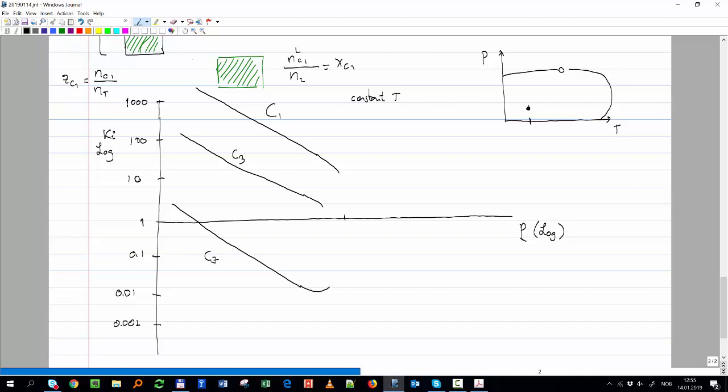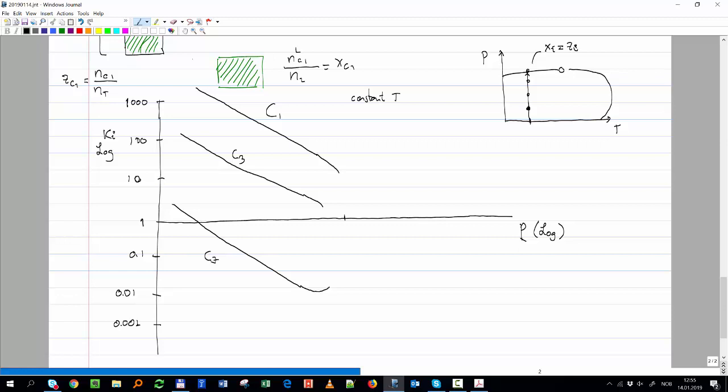Then I increase pressure. What will happen eventually? What am I going to touch or meet? In this case, if I start to go up and up and up, I'm going to touch the bubble point line, right? What happens after that? In this case, I have liquid. I'm going to start having liquid. That means K becomes undefined. Xi, at this point when I touch here, becomes the same as Zi.